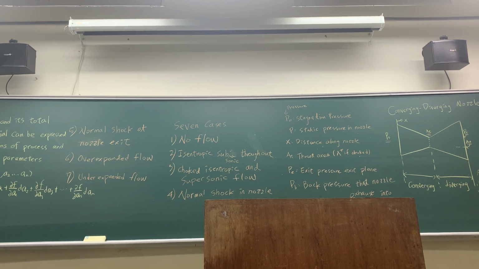Second is isentropic subsonic throughout. There are multiple solutions you can do for this. In other words, depending on how you have designed the dimensions of this convergent-divergent nozzle, you will get subsonic throughout for the entire input and output. So if you have a subsonic flow going into the nozzle, you will also have a subsonic output.